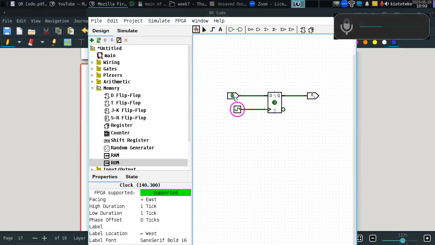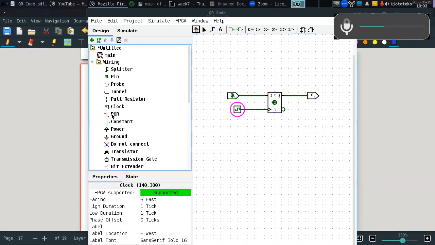If we put 1, after one clock cycle, it will be 1. Then we put 0. So that's how it should work. Any questions with this? The flip-flop, you get it from the memory, and the clock, you get it from the wiring part. That's how you build this circuit.